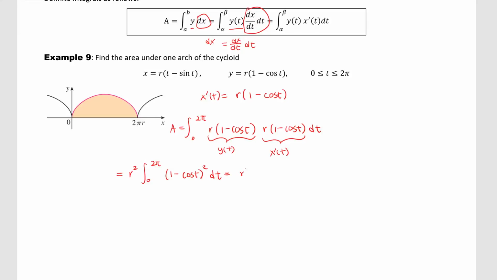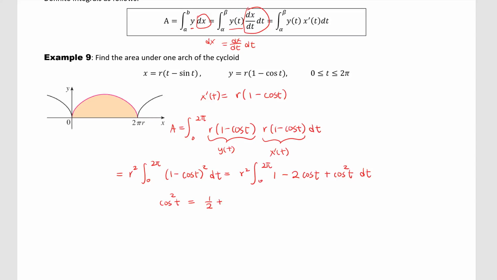Well, how do we integrate that? We should multiply it out. So it's 1 minus 2 cosine t plus cosine squared t. Okay, are you able to integrate 1? Yes. Are you able to integrate 2 cosine t? Yes. Are you able to integrate cosine squared? Wow, we need something. Do you remember what that something is? If you have an even power, how do you decrease the degree?